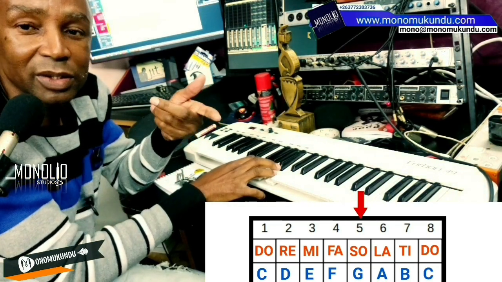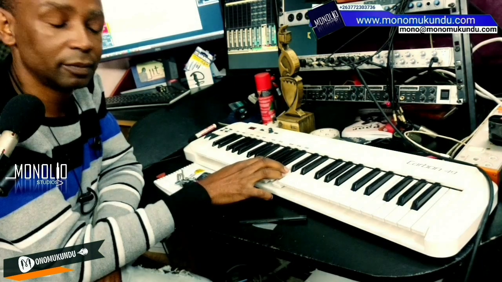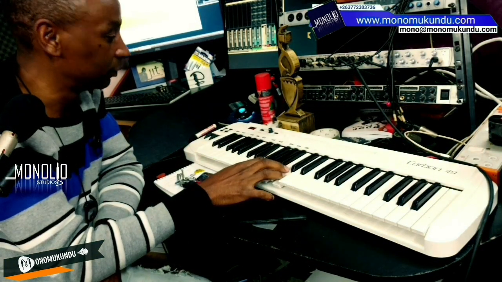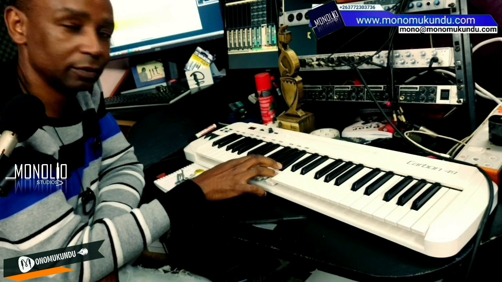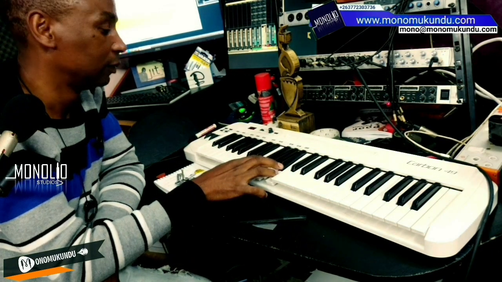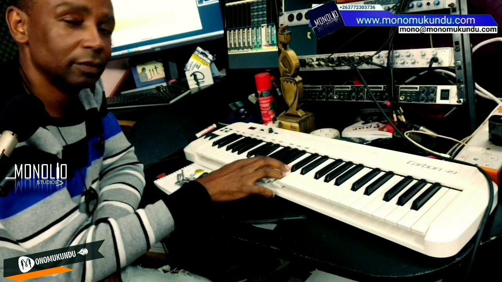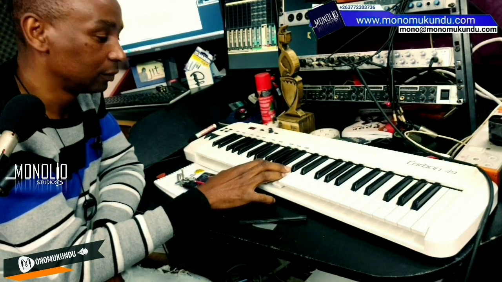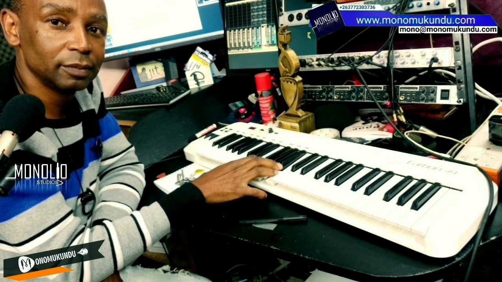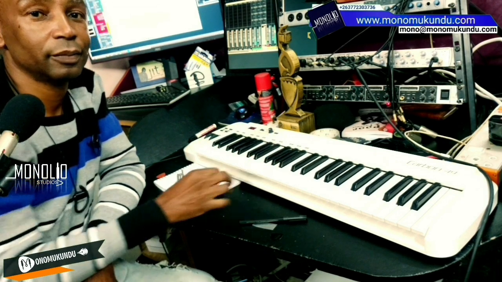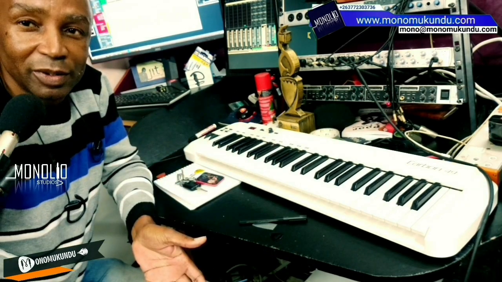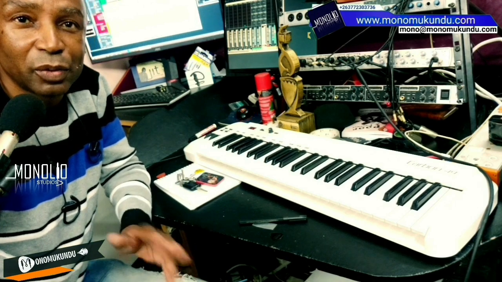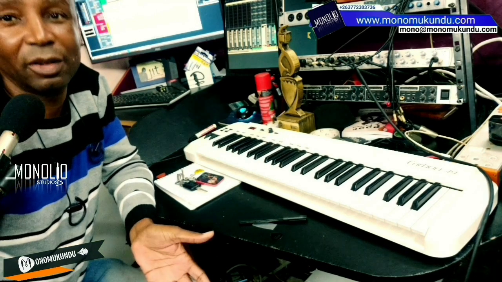I'm going to add some melodies now. So Thomas Mapfumo's Moyo Wangu's chord progression is 6 and 5.